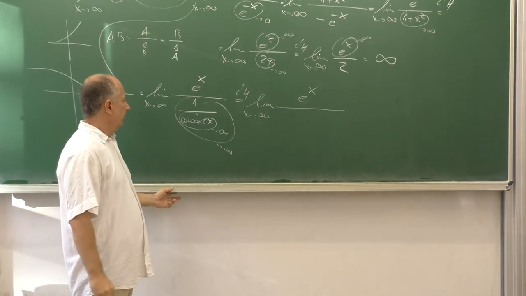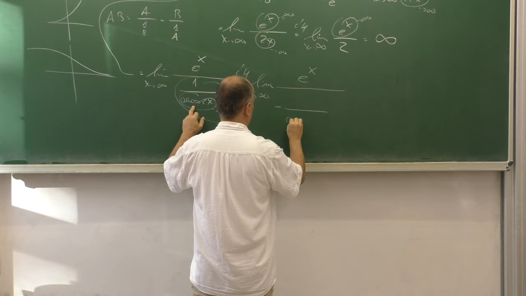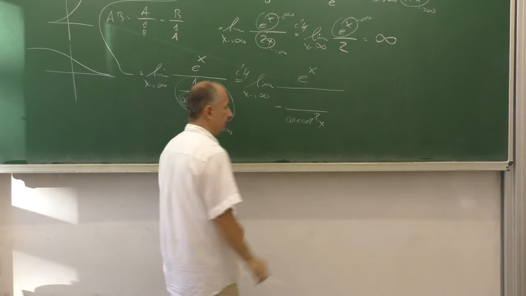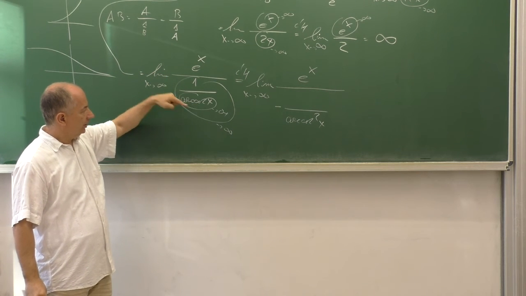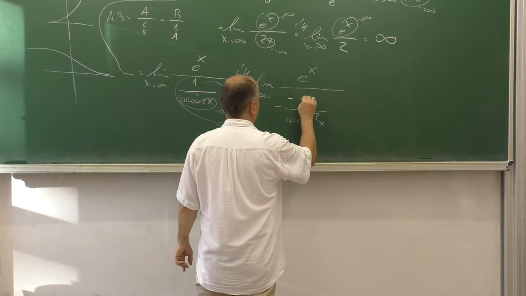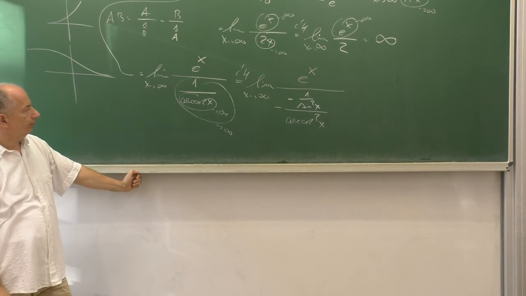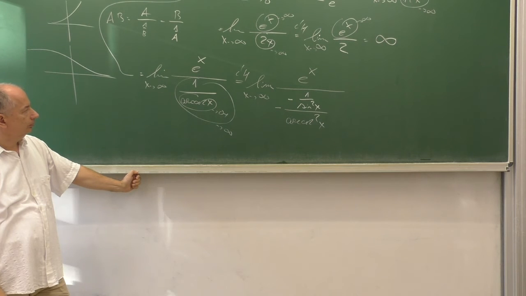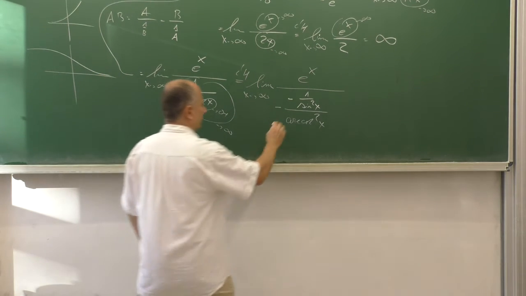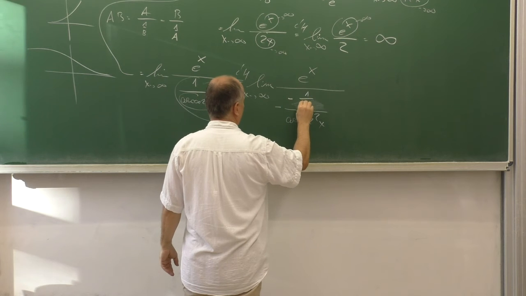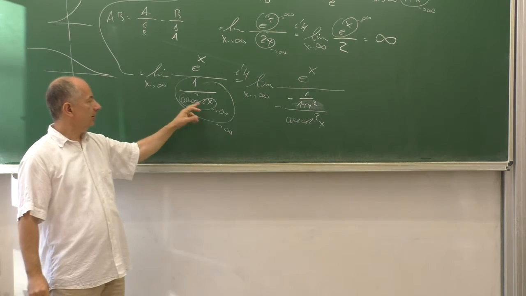And now differentiating the denominator, this is something to the power of minus 1, which is minus something to the power of minus 2, arc cotangent squared of x, divided by the derivative of the inner function, which is arc cotangent, and its derivative is minus 1 over 1 plus x squared, because arc cotangent is defined everywhere.